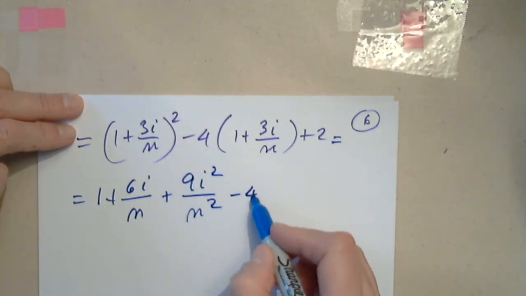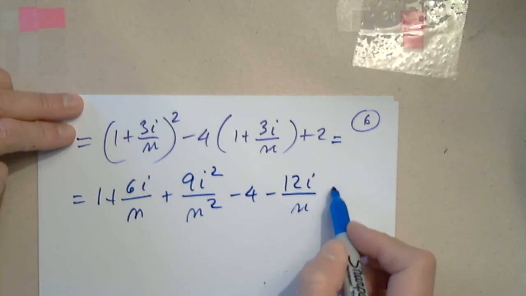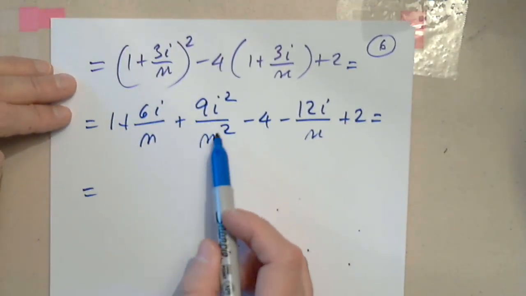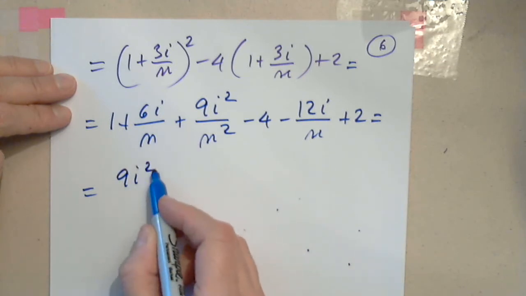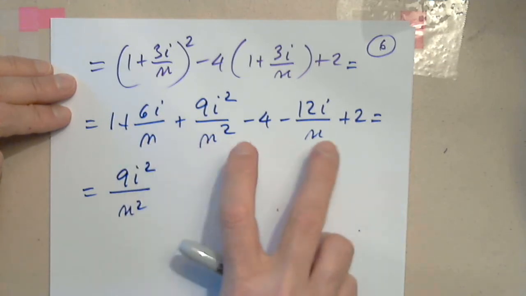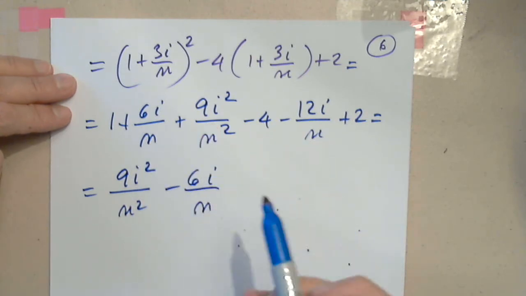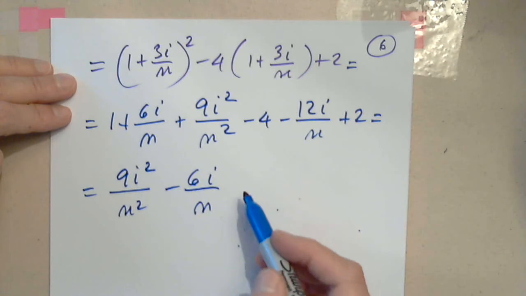I distribute the -4. I clean it up and put it in descending order. This goes in first. Now these two, minus 6i over n. And then -4 plus 3 is -1.